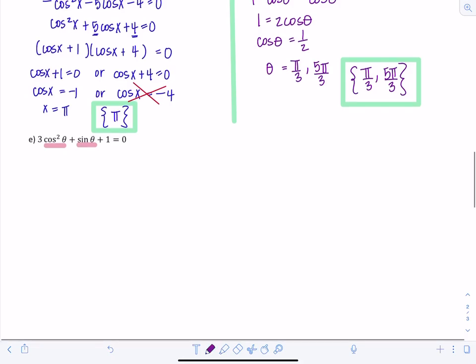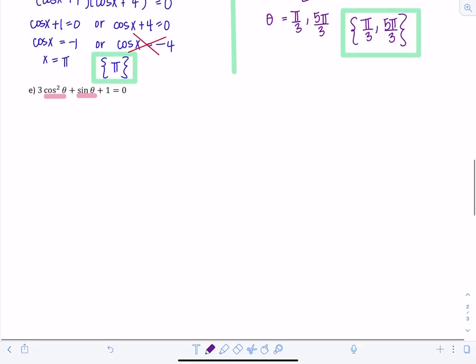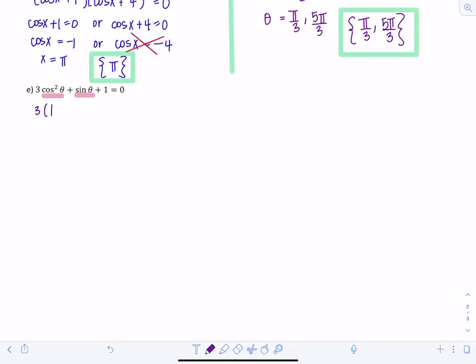All right, so we're going to replace cosine squared theta with 1 minus sine squared theta. So we have 3 times 1 minus sine squared theta plus sine theta plus 1 equals 0. So distributing the 3, now I have 3 minus 3 sine squared theta plus sine theta plus 1 is 0.